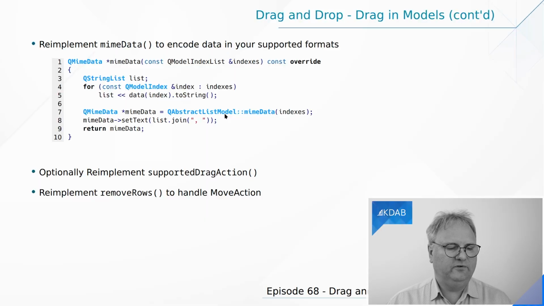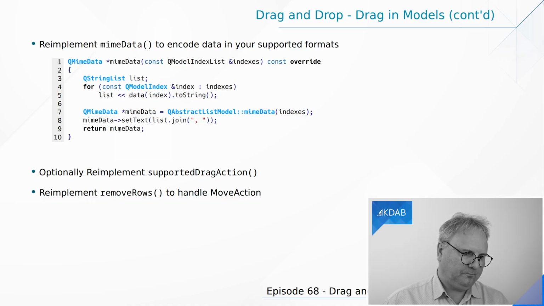It could have been a QAbstractItemModel, which is likely as in my example here, but it could have been something completely different. I take my superclass, ask it for the MIME data for the indexes here, and then I on myself set MIME data setText with these indexes. So that's just dragging out simple text. It's code that comes from the example I'll show you in just a second.